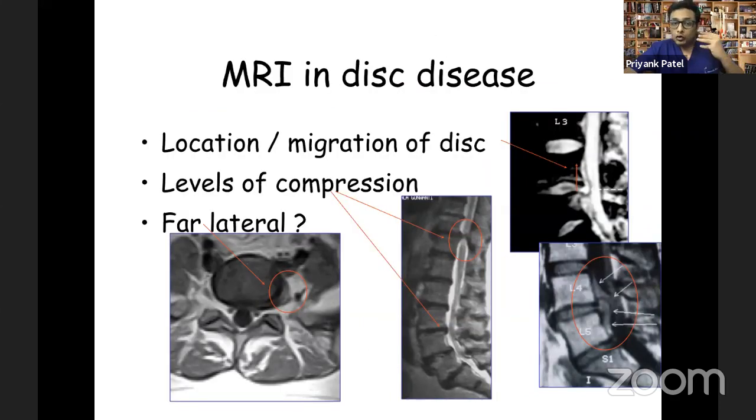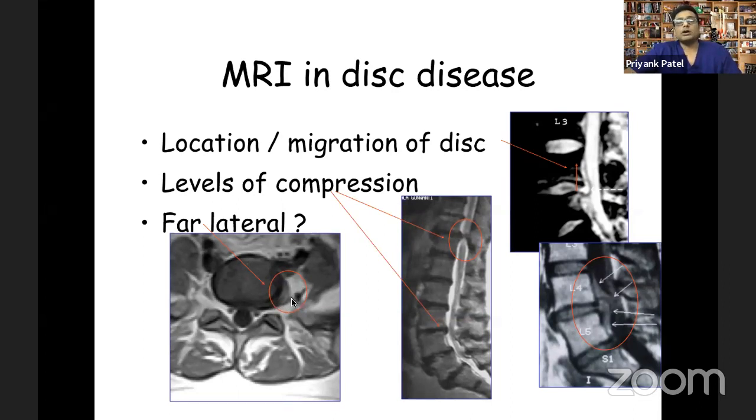So what you note on the disc is, one, how many levels of disc prolapse are there. Okay. Is the disc at the same level or is it migrating down from that level? Suppose you are very strongly feeling that there's a disc problem, but the central canal is completely fine, don't miss out those far lateral discs which lie outside the spine and bother the exiting root.